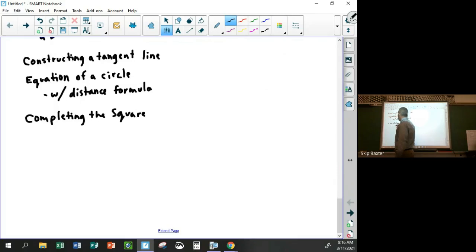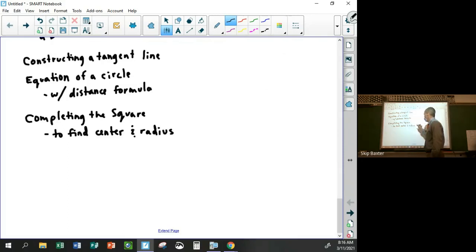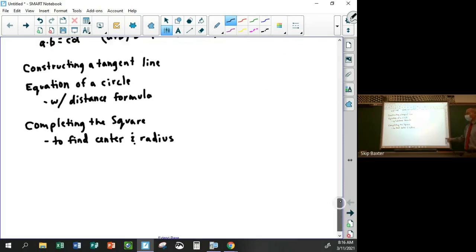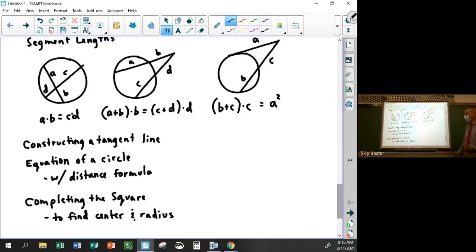So complete the square, and then also find the center and radius. If they give you a circle that's in general form, you need to be able to put it into standard form. Okay, so it's basically everything about circles here.